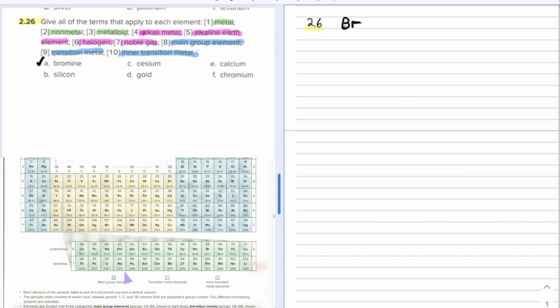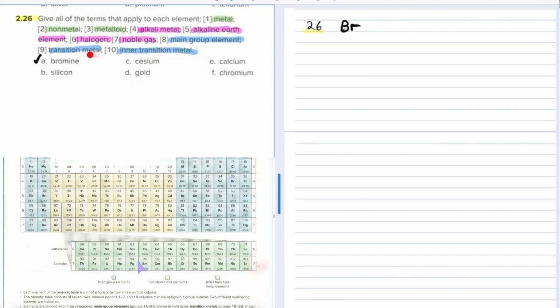The main group elements are the tall portions. These are the transition metals, and those are the inner transition metals. So using this third way to categorize the elements, bromine is a main group element. So I'm going to write main group.